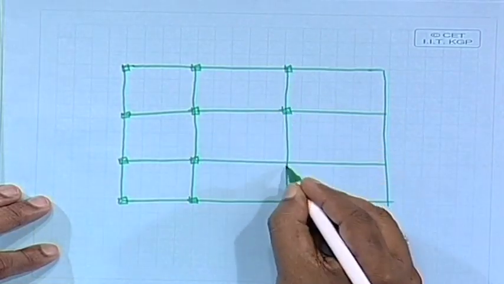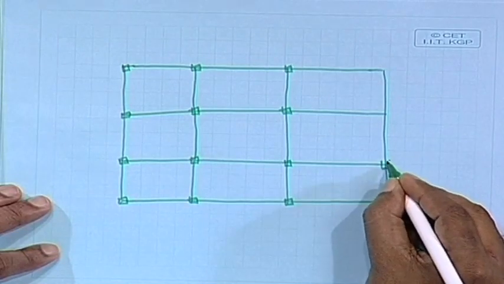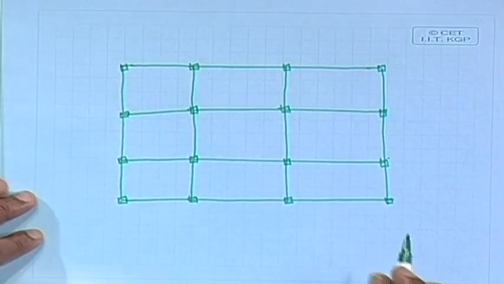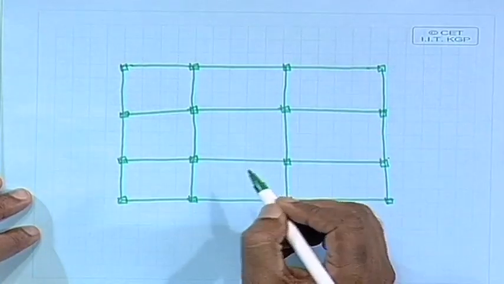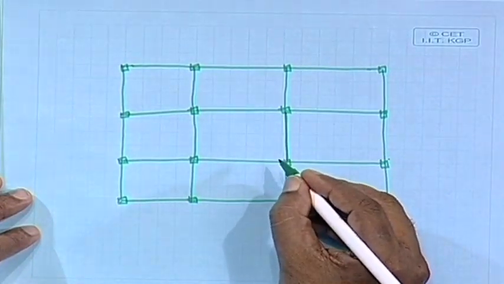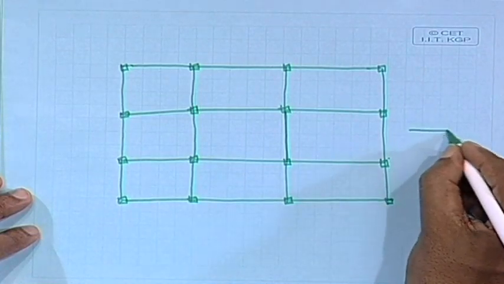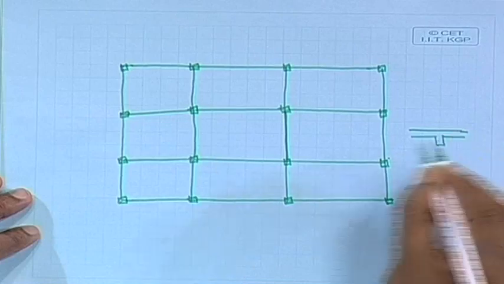These are the column positions. We do not need the columns, just to complete this figure, let us say these are the different columns, and these are the slabs. When we are talking about this beam, we shall get the cross section in this way.